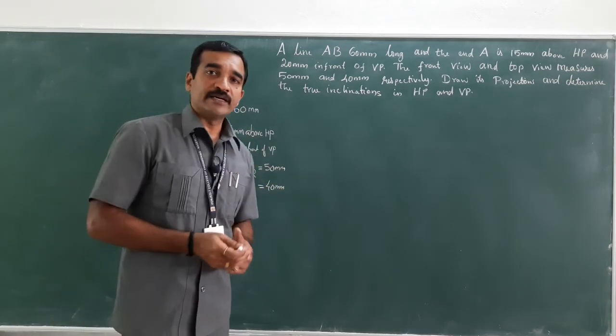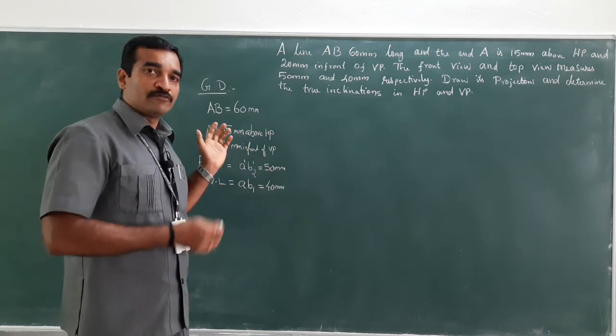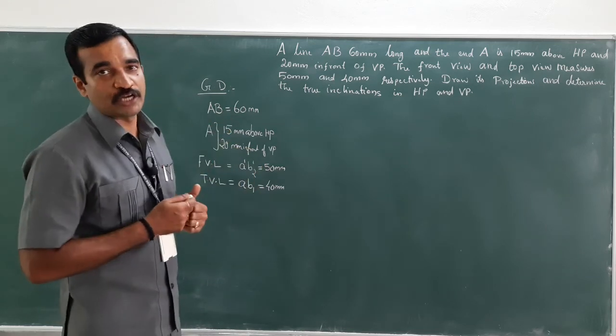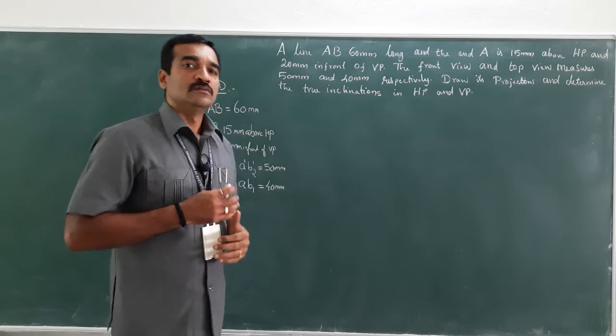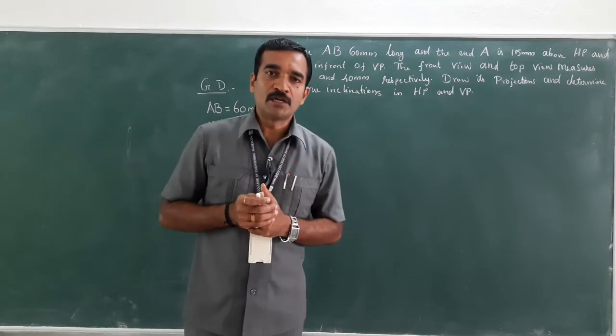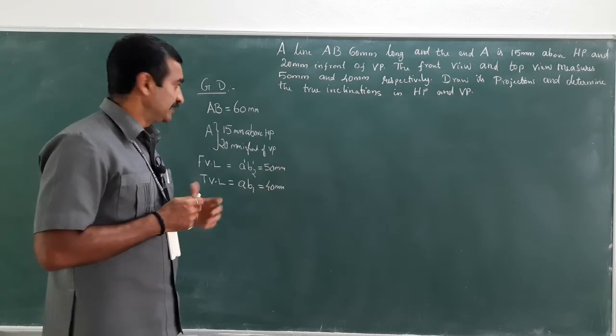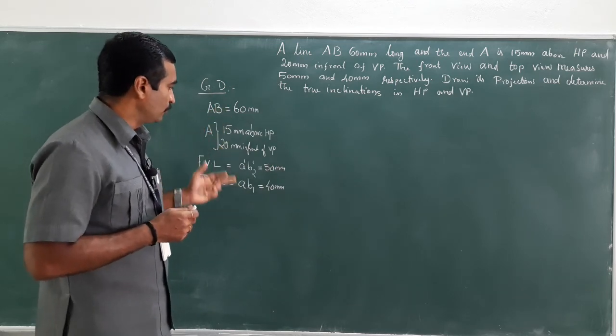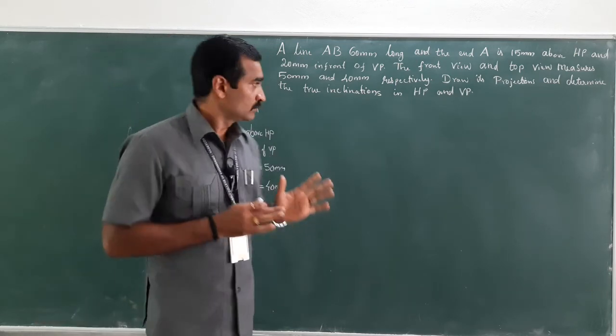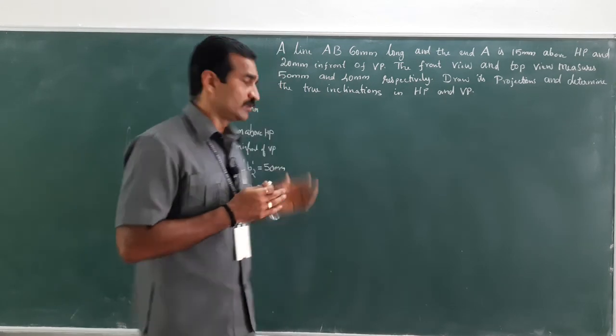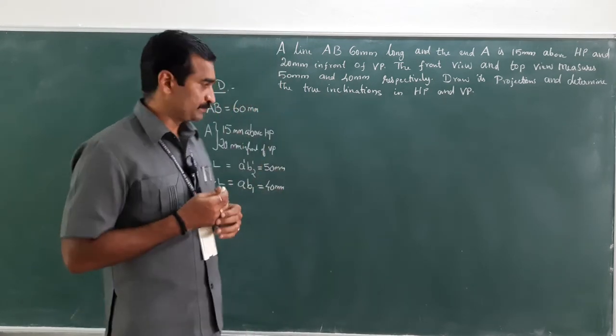Check whether a minimum of 5 data are available in the question or not. To complete a problem, we need to have at least 5 inputs: 1, 2, 3, 4, 5. So I can complete the diagram with the 5 given inputs.